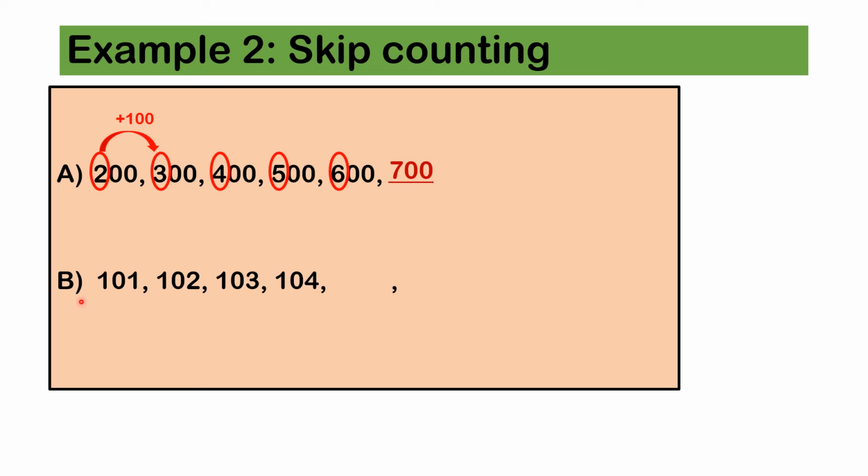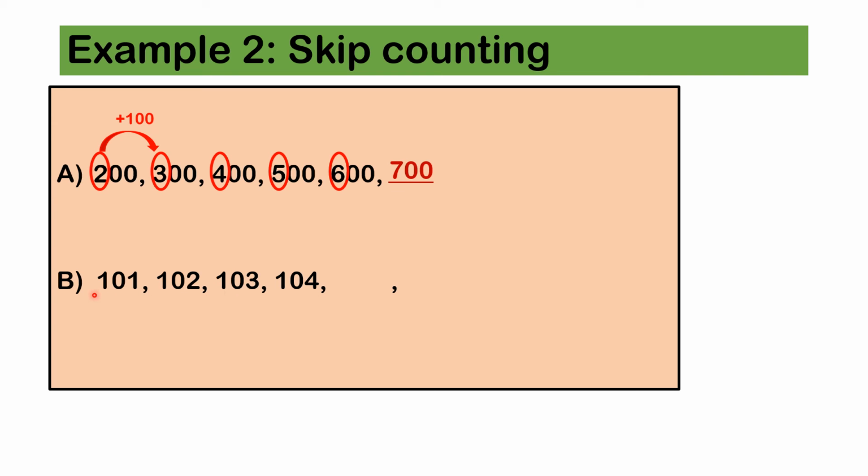What about example B? We have the number 101 going to 102, and then 103, and then 104. We want to find out what are the two next numbers after 104. What do we see here? What changed?